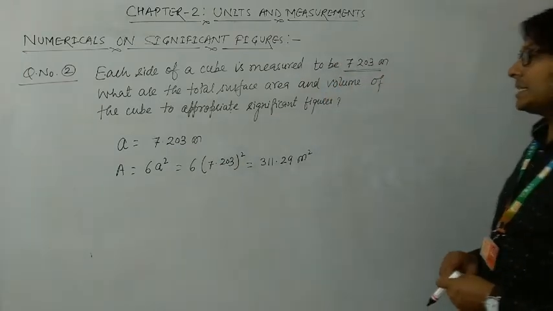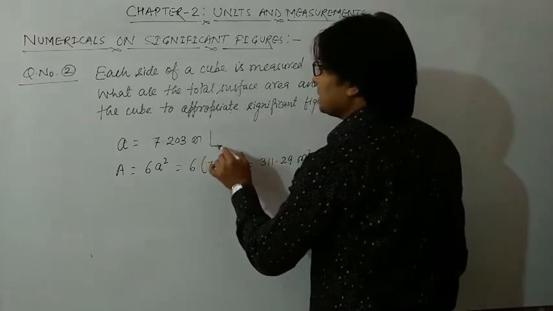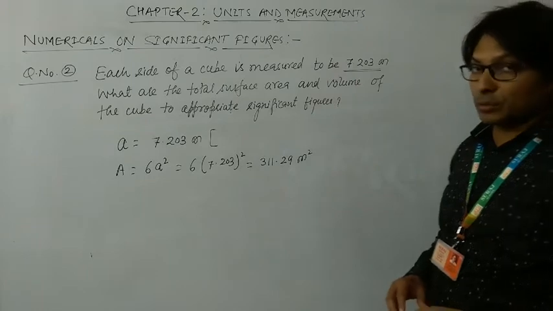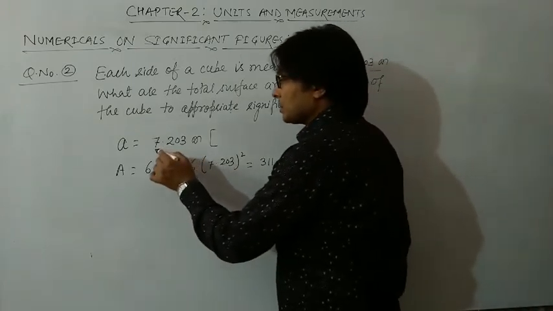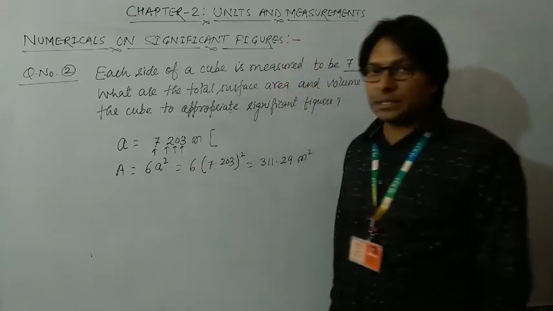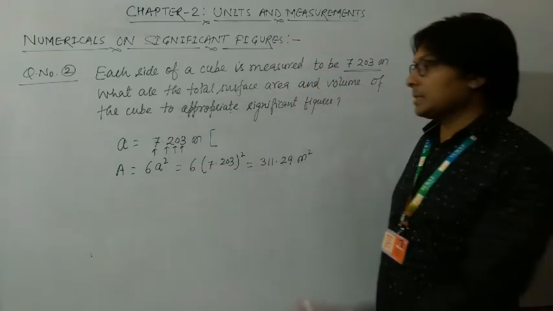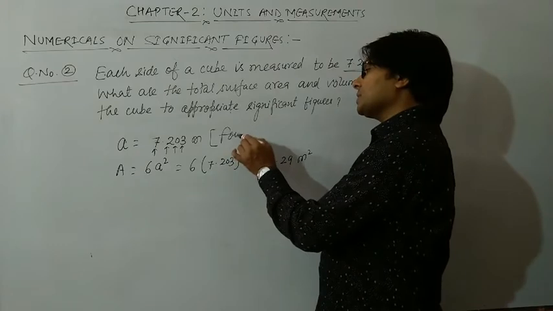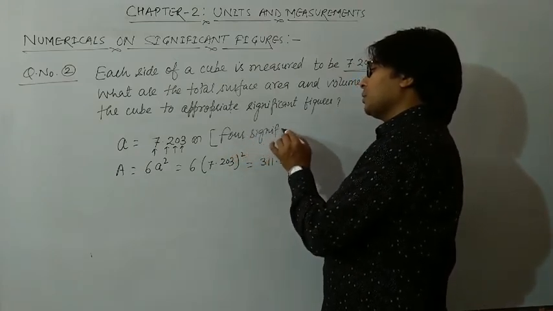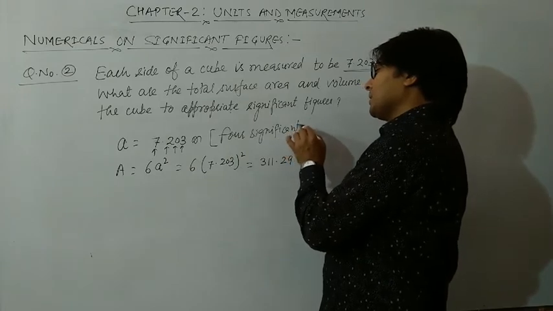Okay, now let us check how many significant figures are there in the side which has been given. You will say 4, because these are the 4 significant figures in this side. So the result must also contain 4 significant figures. That is the consideration of significant figures.